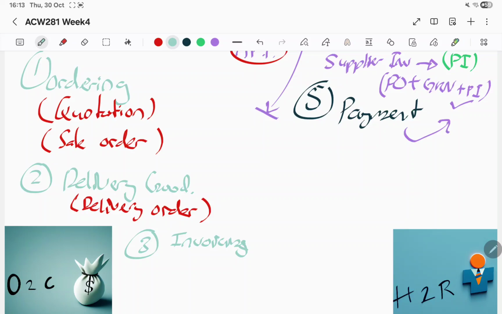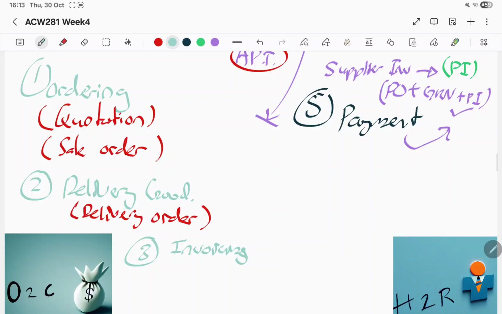If you produce a sales order, it means this one is already approved, right? It means that you're going to give this customer maybe 100 chicken. But what are the steps we should check first before we give this customer 100 chicken?